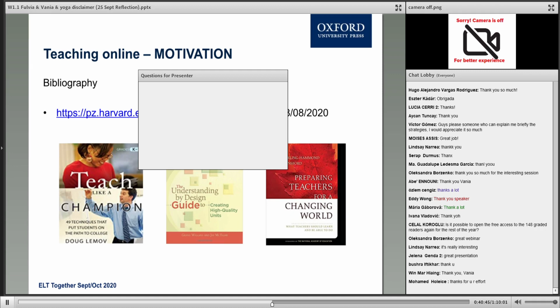Another question, what is Harvard Zero Project? If you Google Harvard Zero Project, you are going to come to this project from the Harvard Education School, in which they have developed those nice strategies to be applied in the classroom. And there was this example I've just shown you.